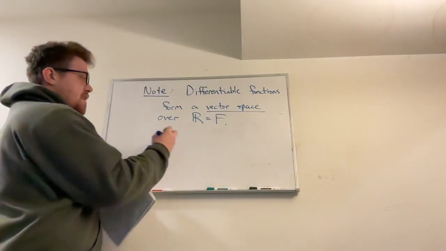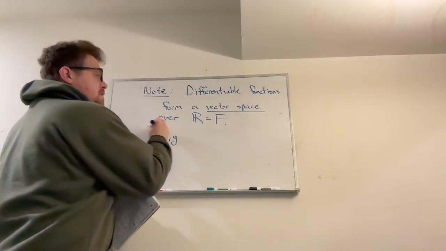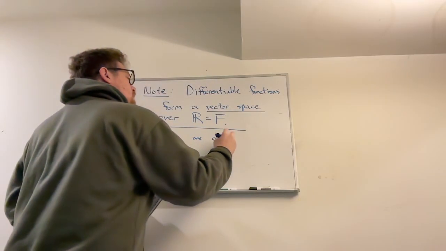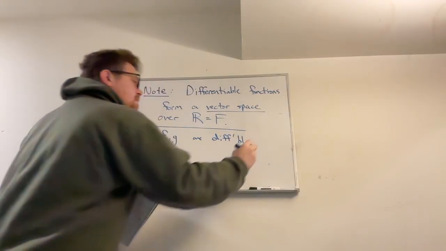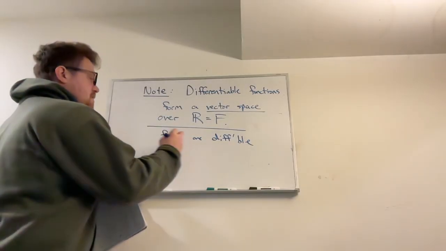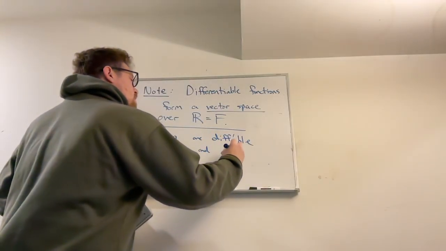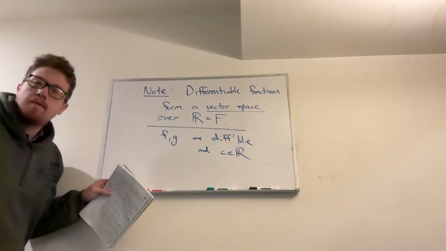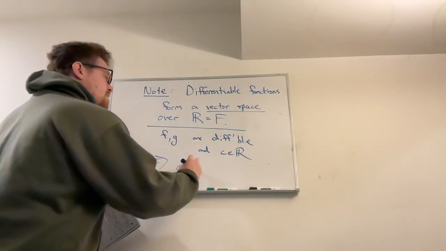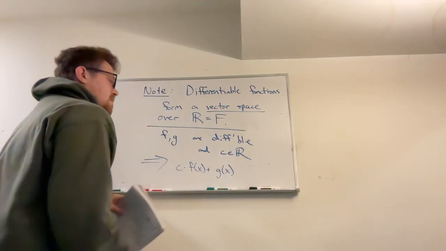And this just says that if f and g are two differentiable functions, and c is a real number, c is in the set of real numbers, then that means that c times f of x plus g of x is also differentiable.